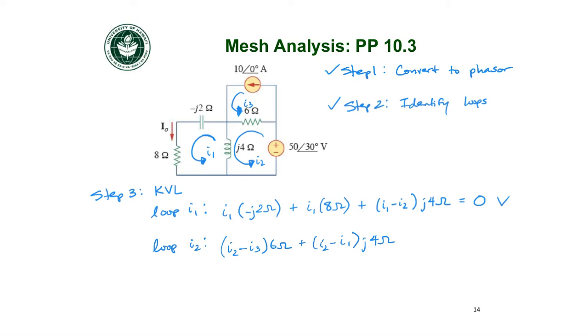And then we have a voltage increase through that voltage source that's 50 angle 30 degrees volts. So far these terms are positive because they've been voltage drops. Now I have to have a negative 50 angle 30 degrees. And this is going to be equal to 0 volts. Each one of these terms has units of voltage.